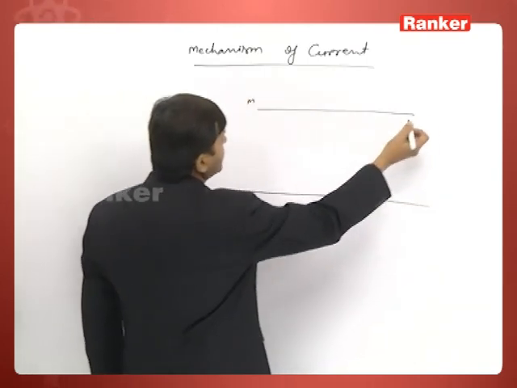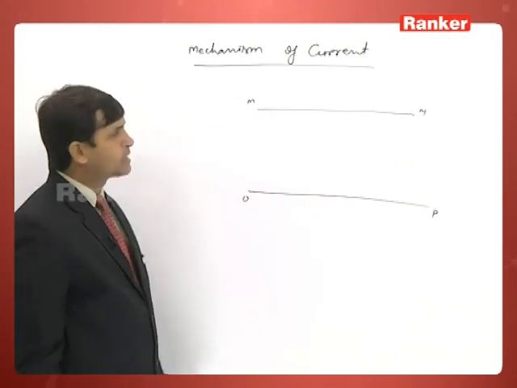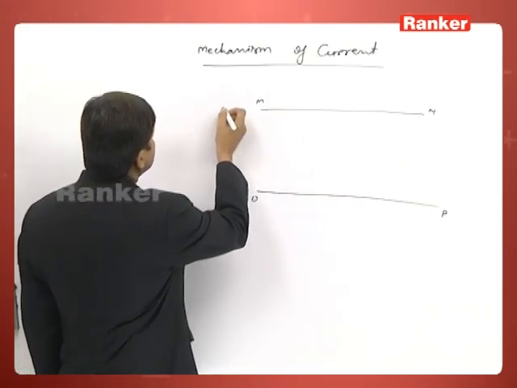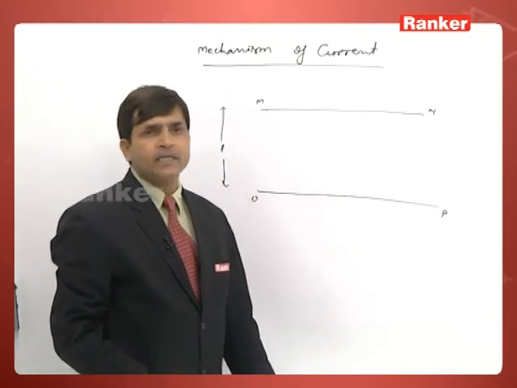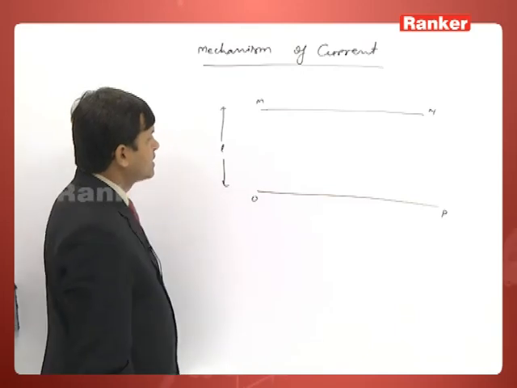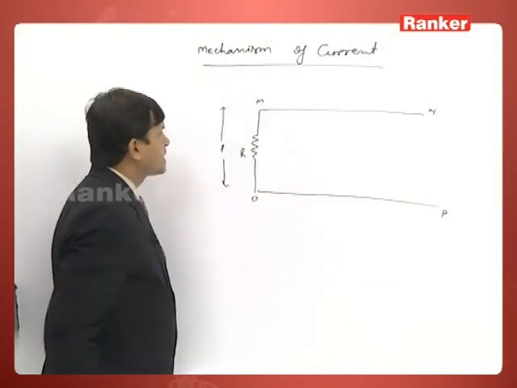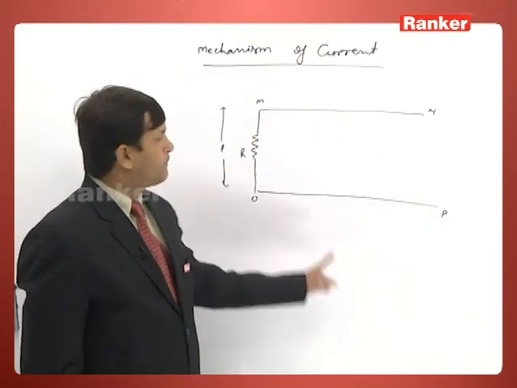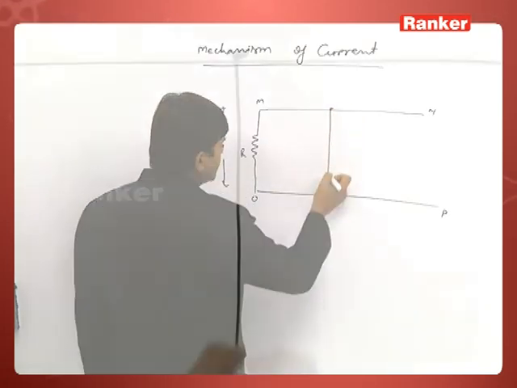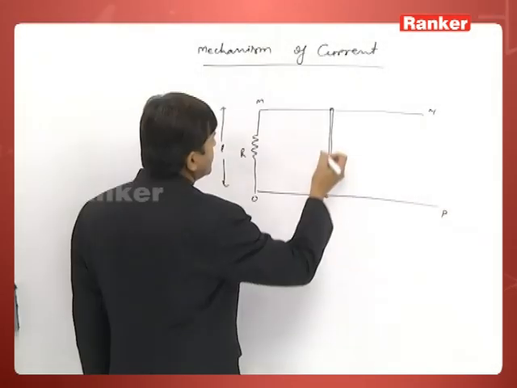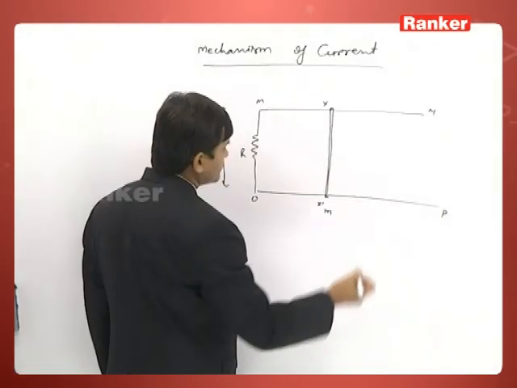I took MN and OP. These are two parallel rails, separated by a distance L. Let one end of the rails be short circuited by a resistance R, and a conductor x dash of mass m is given.